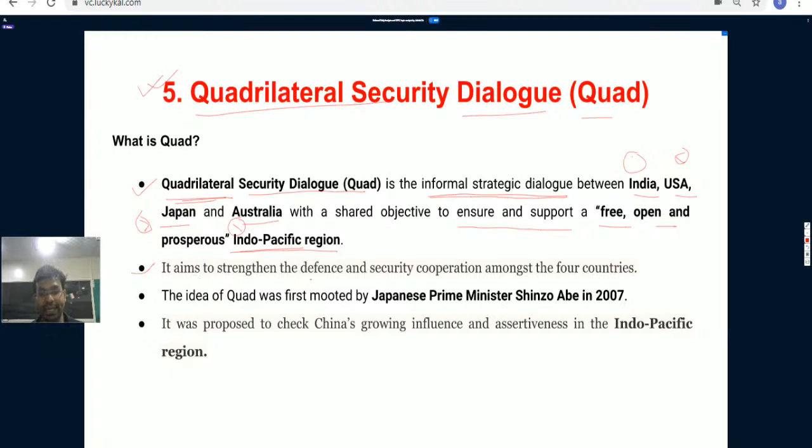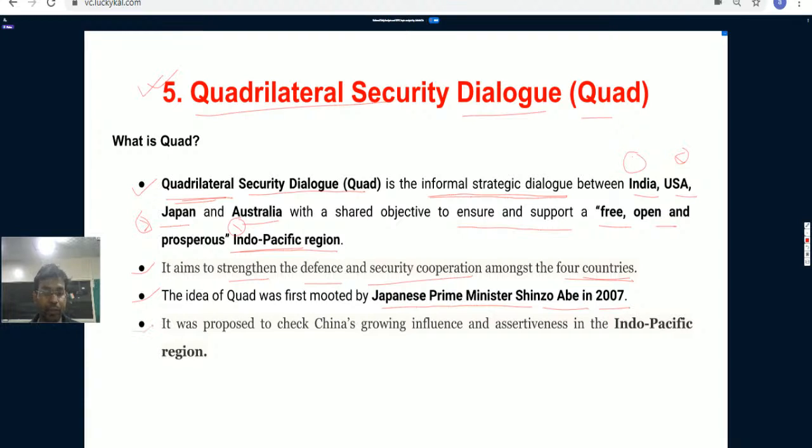It aims to strengthen the defense and security cooperation among the 4 countries. The idea of Quad was first mooted by the Japanese Prime Minister Shinzo Abe in 2007.